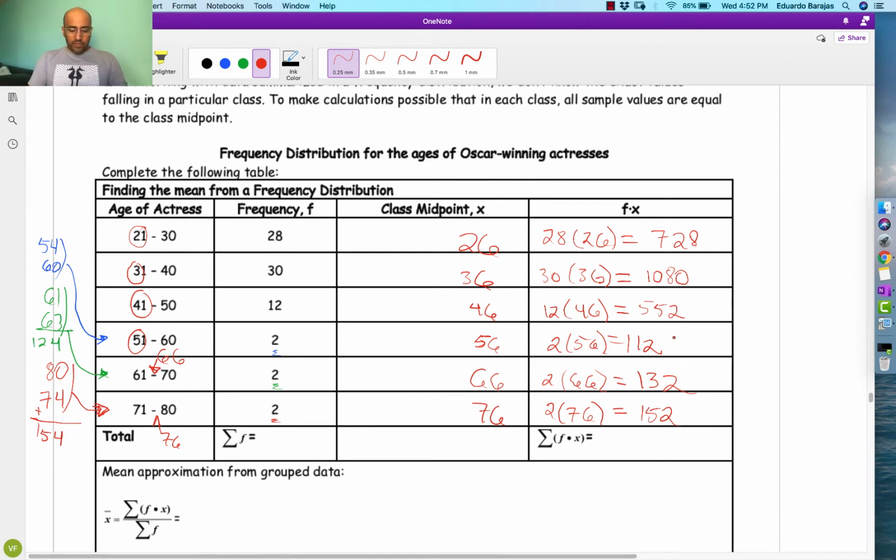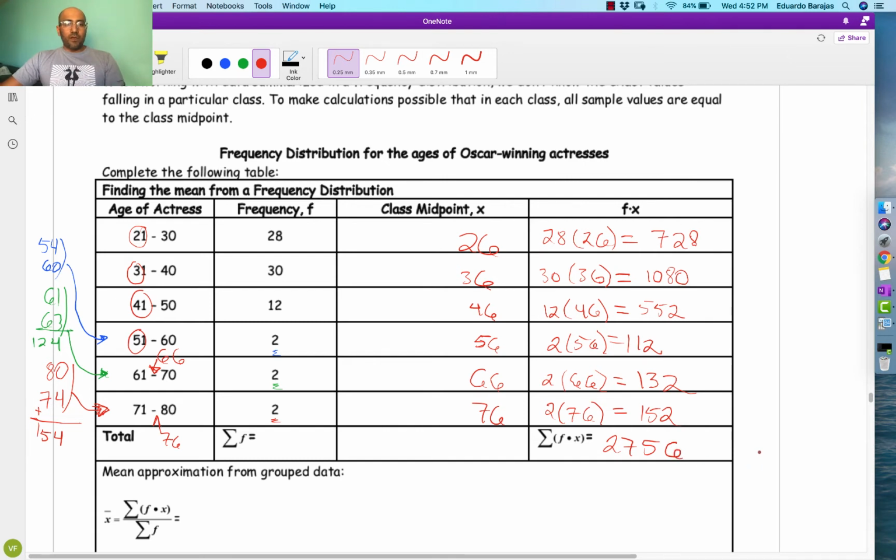We got 728 plus 1080 plus 552 plus 112 plus 132 plus 152. I'm getting 2756, and that's the value that goes right here. 2756.